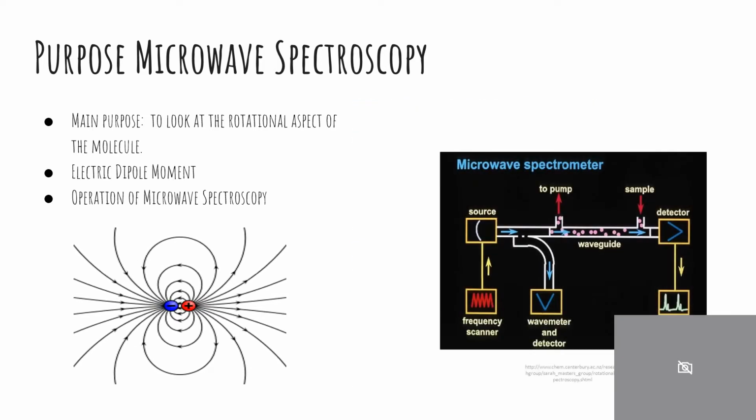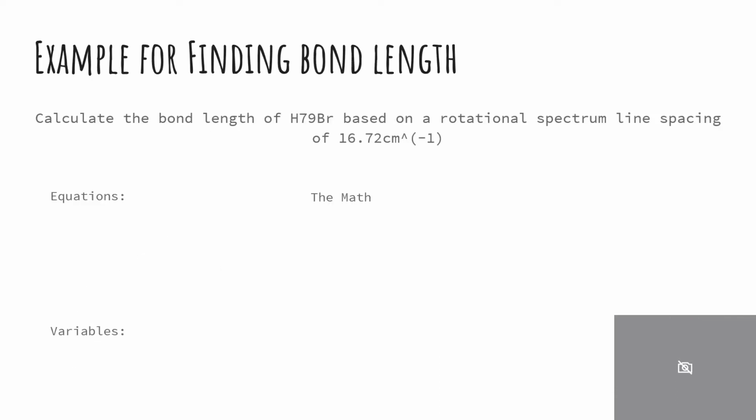Now on the right, we see a simple microwave spectroscopy setup showing the major components, but not all. You can use these two concepts to find moment of inertia, reduced mass, the energy, even the bond length. Let's do an example of what a possible question can be.